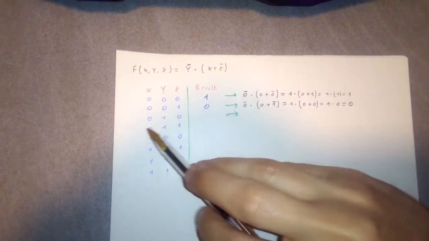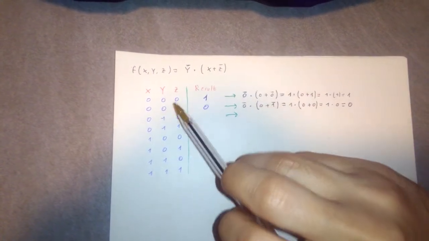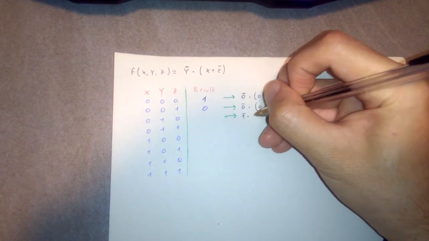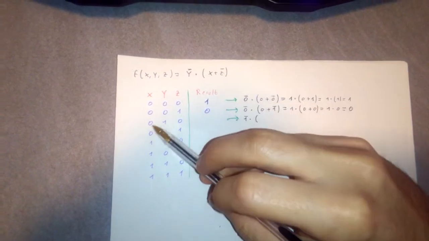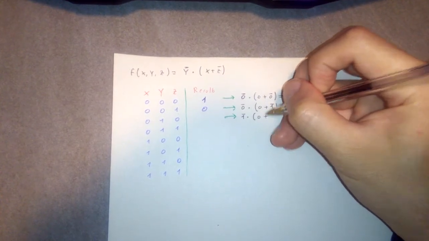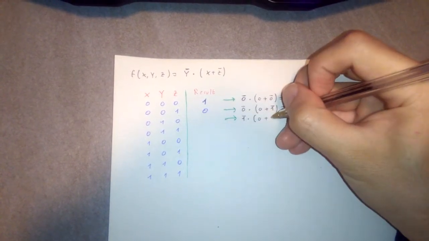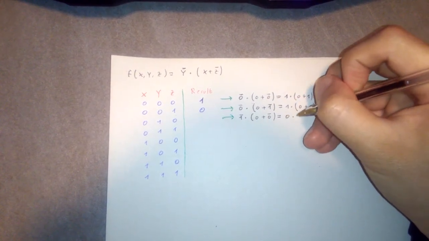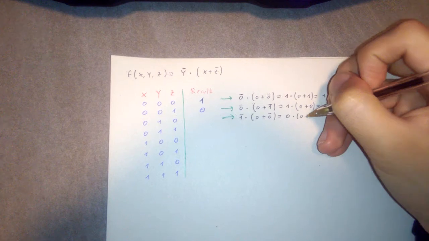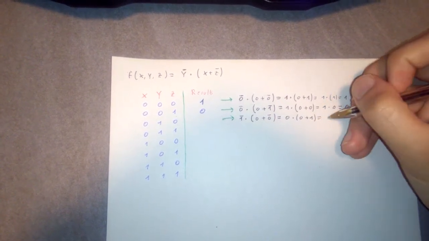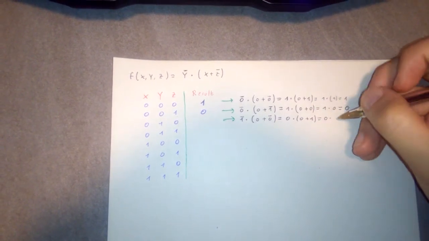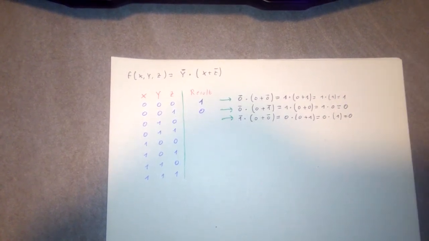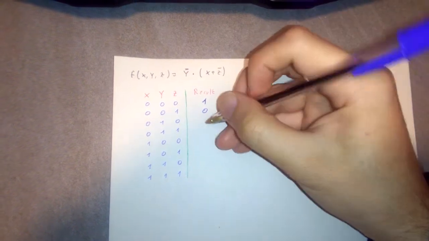Right, so 0, 1, 0. If we plug 1 in for y, we get not 1 times x, which is 0, plus not z, which is not 0. So we have not 1, which is 0, times 0, plus not 0, which is 1. So we get 0 times 0 plus 1 is 1, so 1 times 0 is still going to be 0. So I get 0 again.